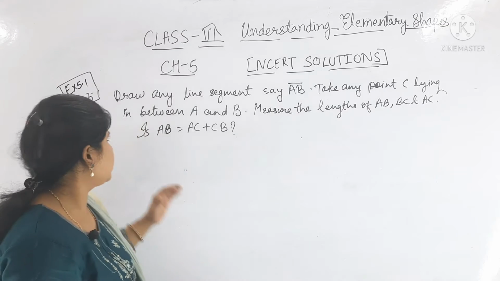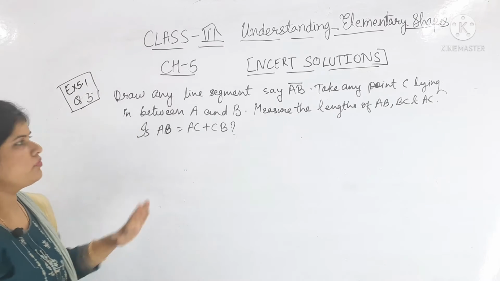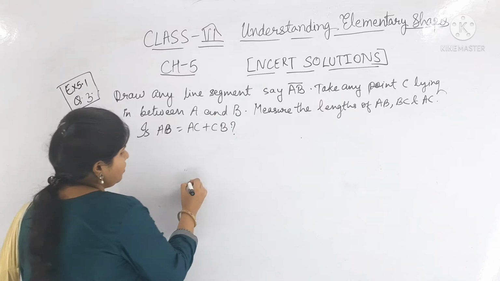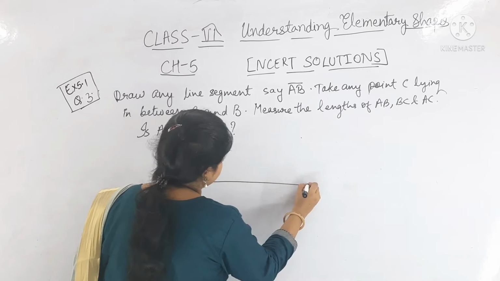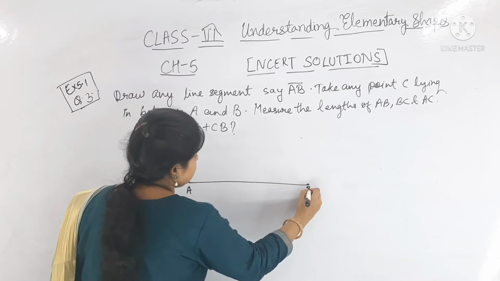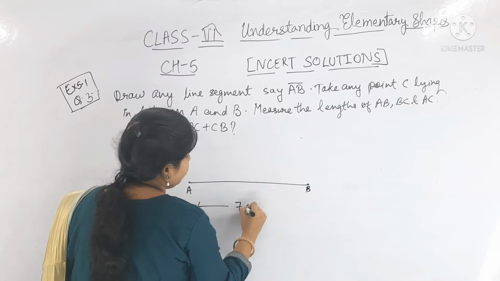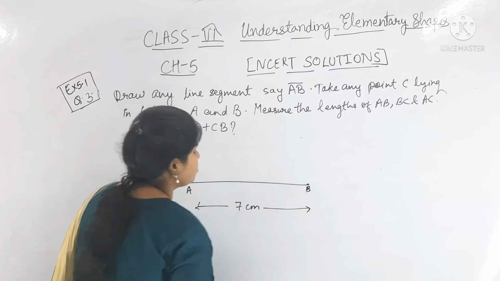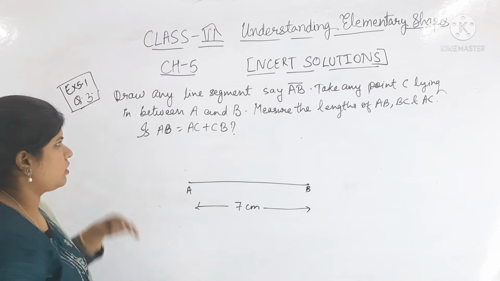Okay students, let's come to question number 3. You have to draw any line segment, say AB. So I am drawing one line segment like this; you can measure it with your ruler or the divider. I am taking 7 centimeter.